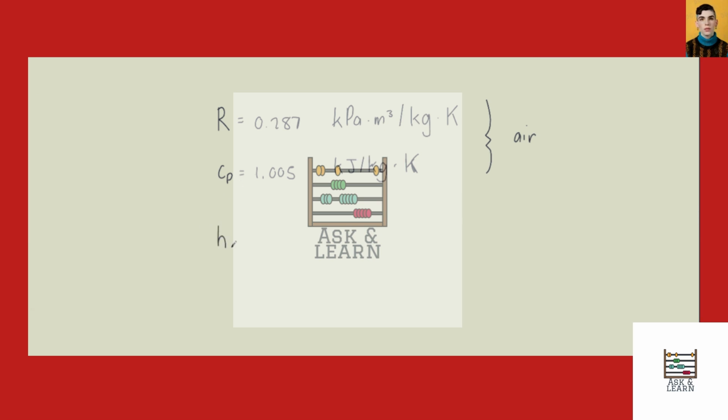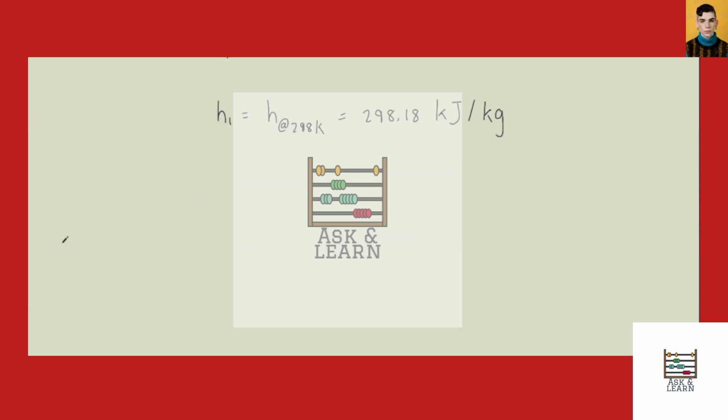The specific enthalpy of air at the initial temperature, H1, is equal to the enthalpy, going back to our tables, at 298 Kelvin, which is equal to 298.18 kilojoule per kg.